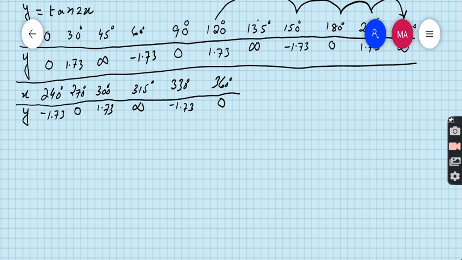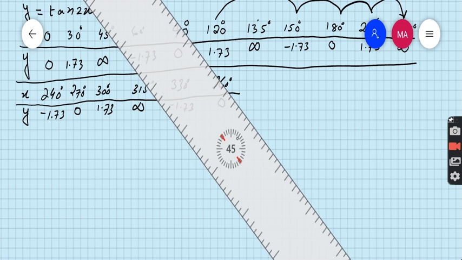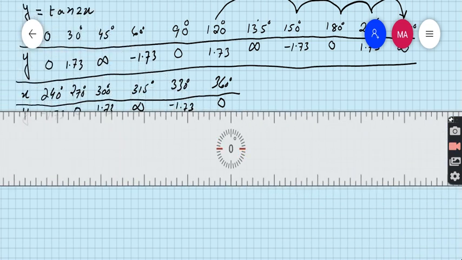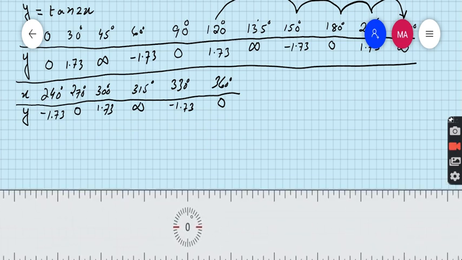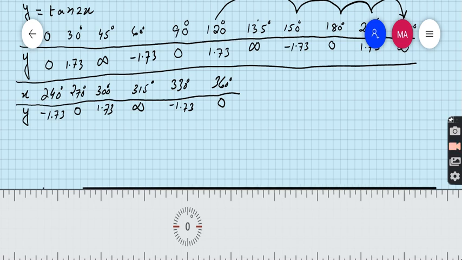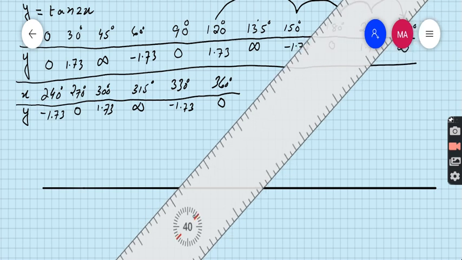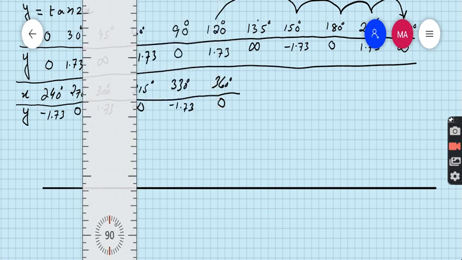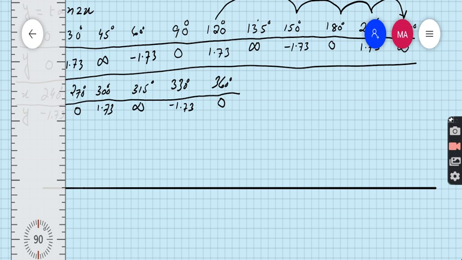There is no negative value on the x-axis.